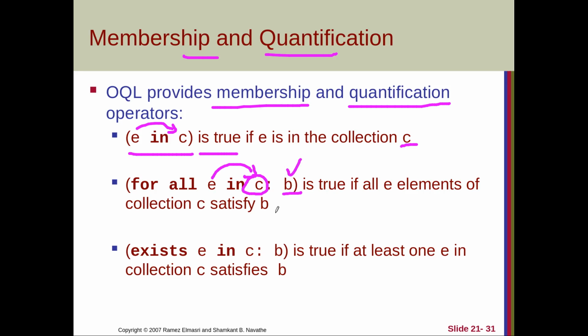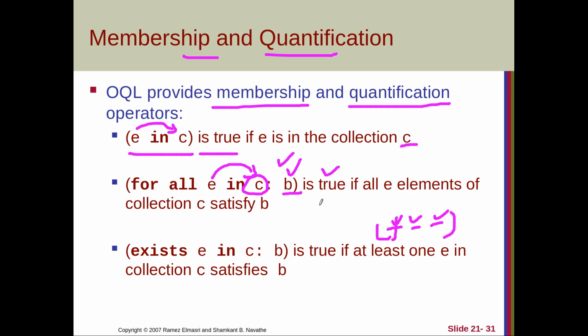If I have a collection with 3 elements, and each of these 3 elements satisfies the condition B, it will return true.